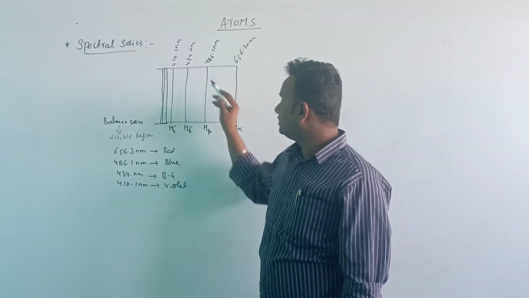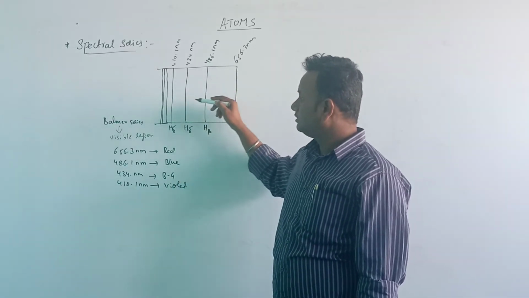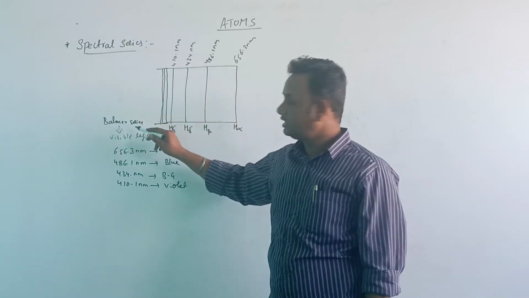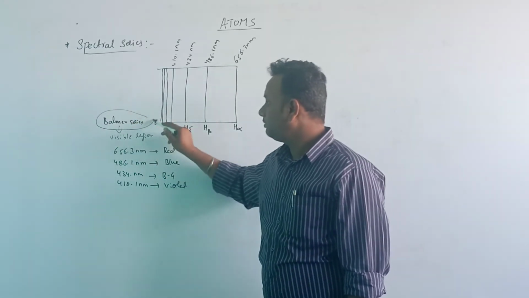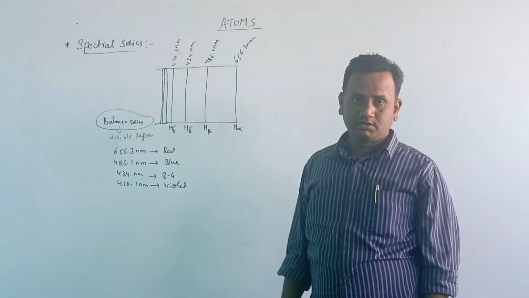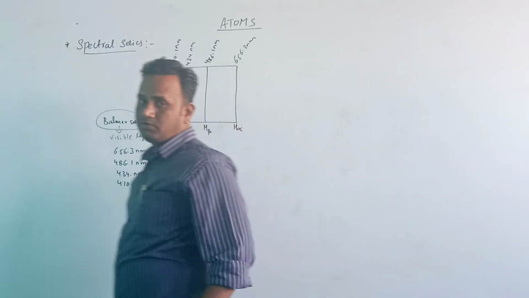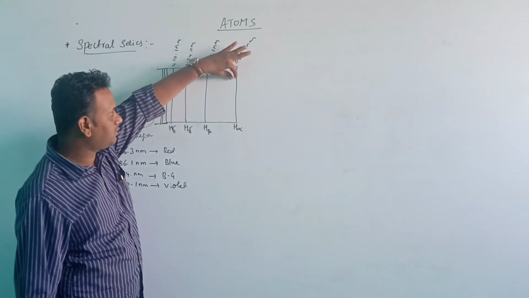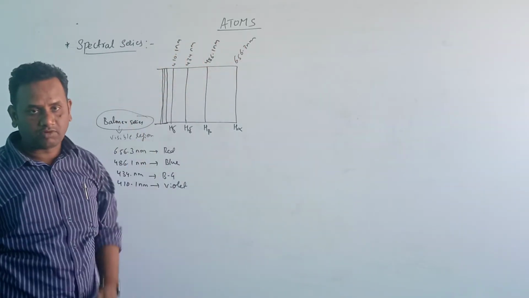These are the four spectral lines seen in the visible region in the Balmer series. To find the wavelength of each spectral line, there is an empirical formula.